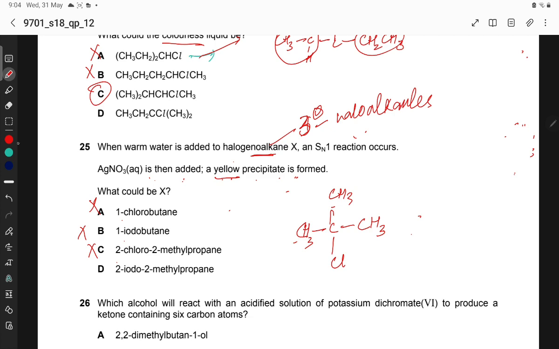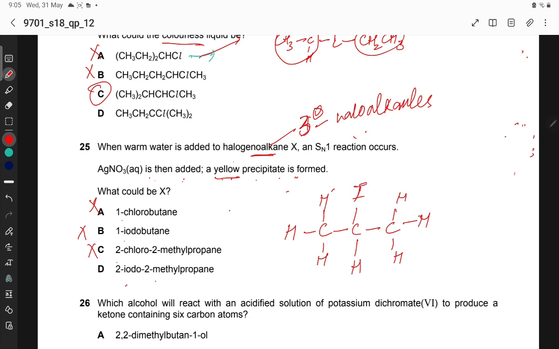So look at the next option, 2-iodo-2-methylpropane. An SN1 reaction occurs because this is tertiary, and a yellow precipitate is formed because iodine is attached to this carbon atom. So this option must be correct.